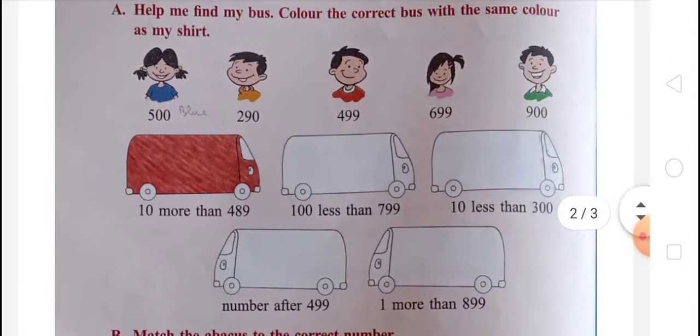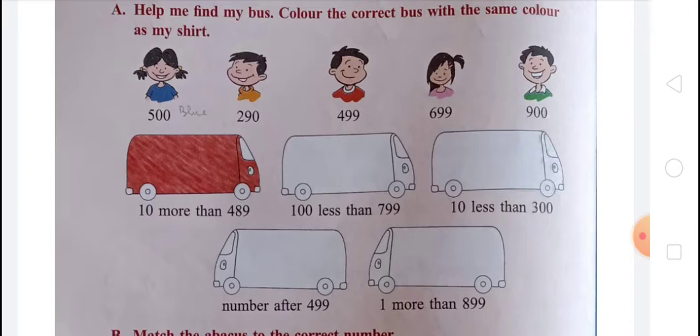Help me find my bus, color the correct bus with the same color. You can see here that there are 5 children. First is blue, second is orange, third is red, fourth is pink, and fifth is green. They wear shirts of different colors, and you have to color the bus.